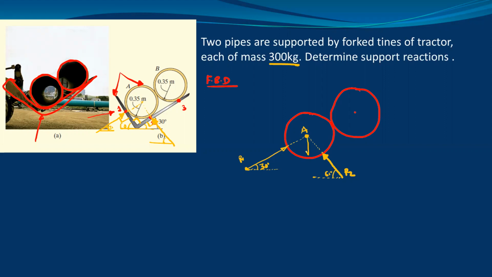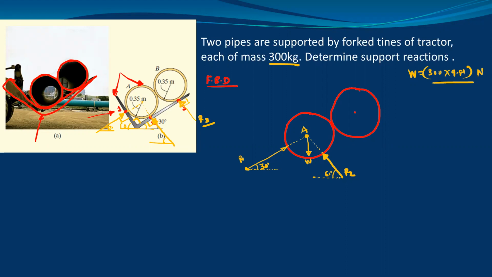And at point A, we have the self weight of that pipe, 300 kg. This will act in the downward direction. So actually this is W, 300 kg into 9.81, in Newtons. I will just write W here. Now consider the second pipe. At point 3, we have the reaction R3. This reaction is perpendicular.